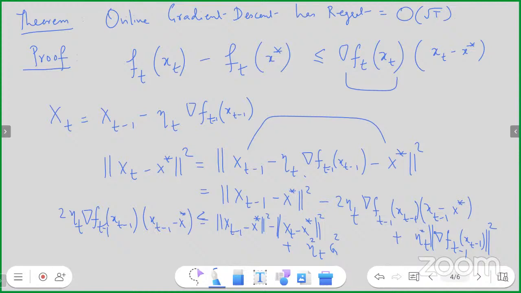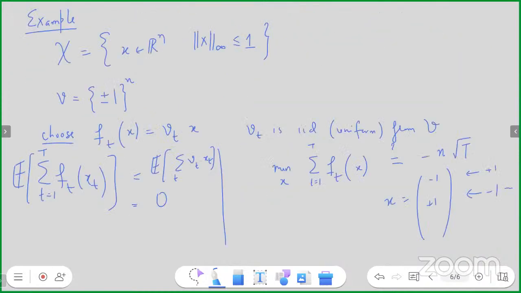Yeah, let's take beta. Okay. How will you use that is the question.